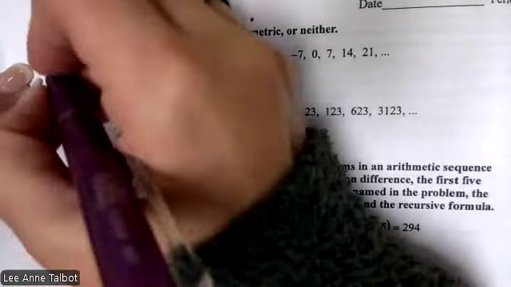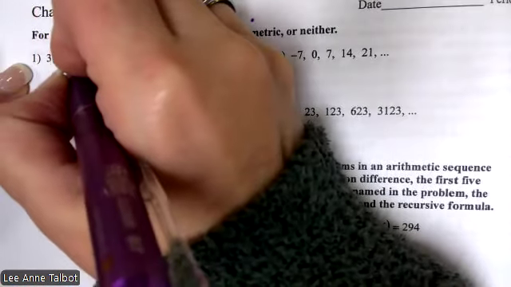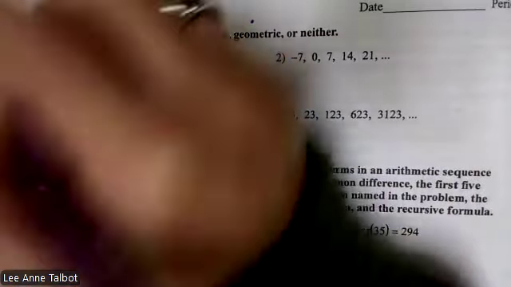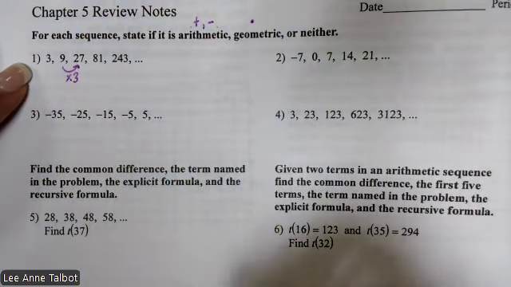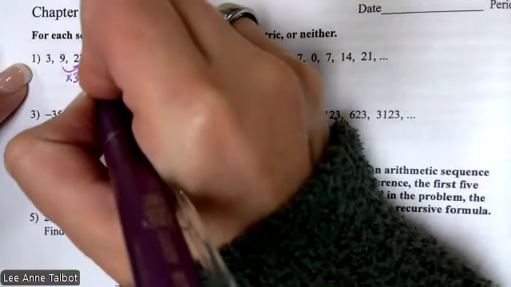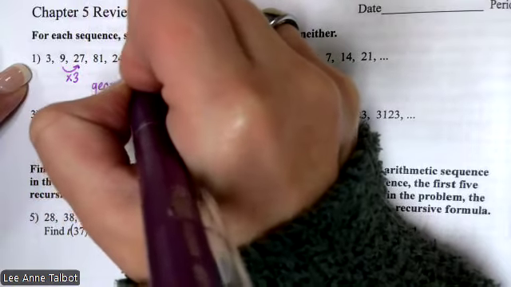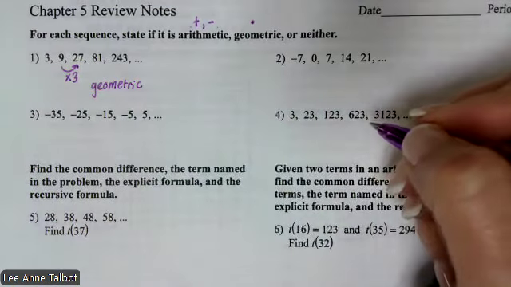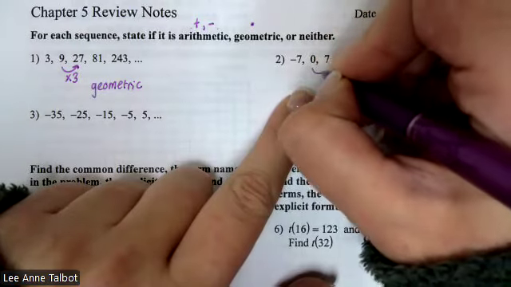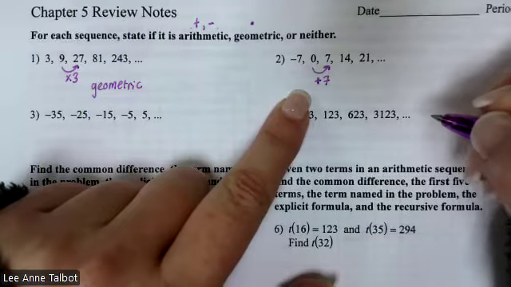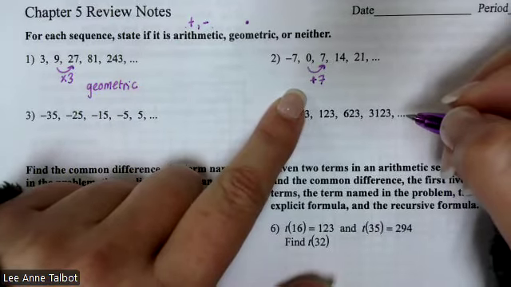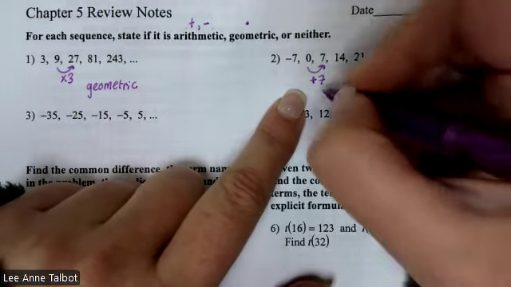What is happening to number 1? Times 3, correct? Does it look like times 3 to you guys? Okay, so that is geometric. Number 2, adding 7, arithmetic.